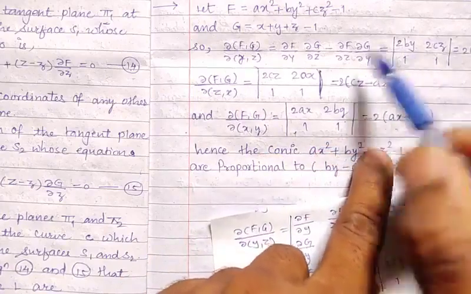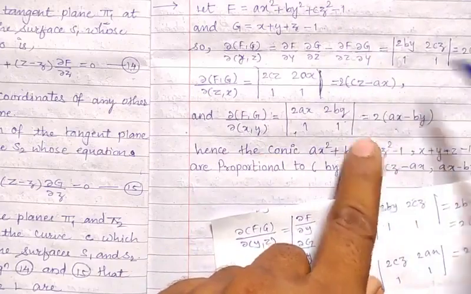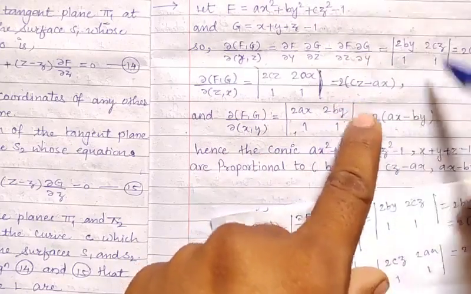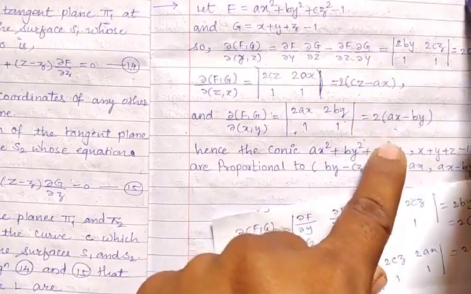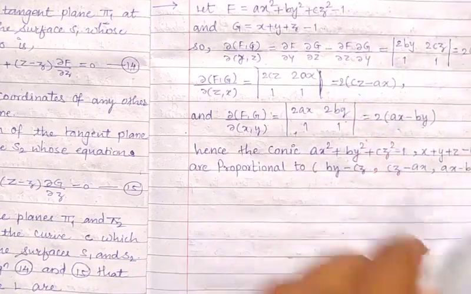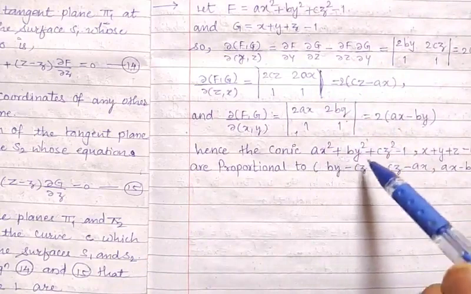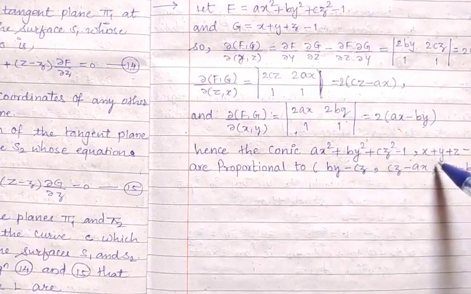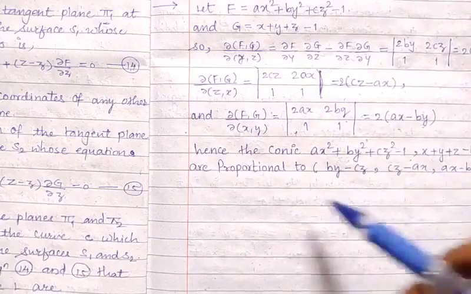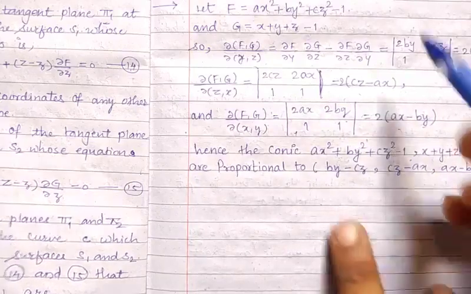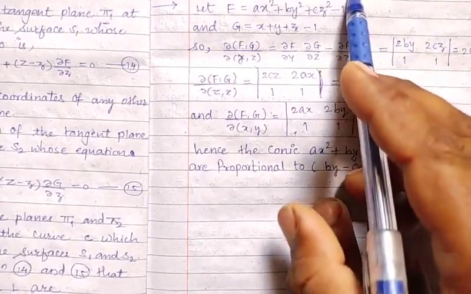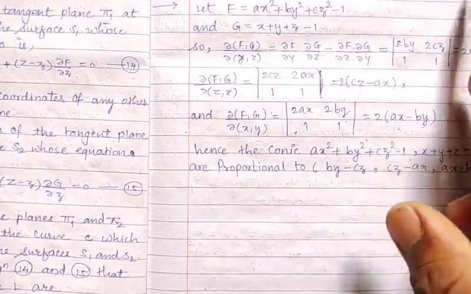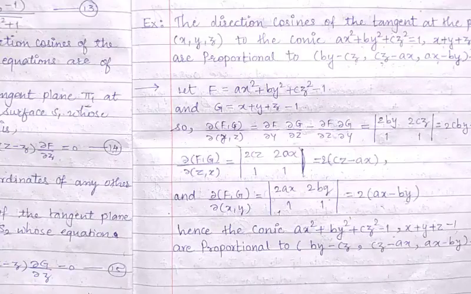So first we get by − cz, next we get cz − ax, and next we get ax − by. Hence the conic ax² + by² + cz² − 1 and the plane x + y + z − 1 are proportional to the direction ratios by − cz, cz − ax, and ax − by. Okay, we will stop here.